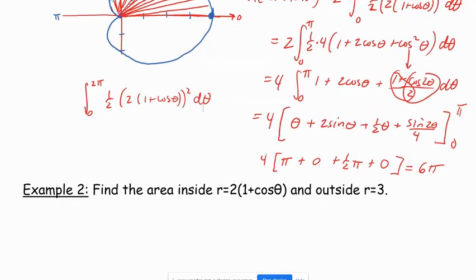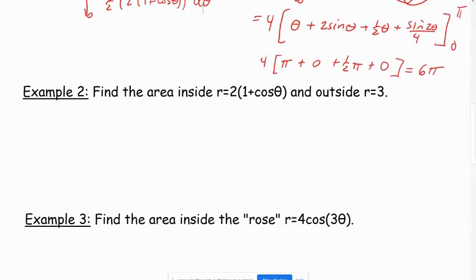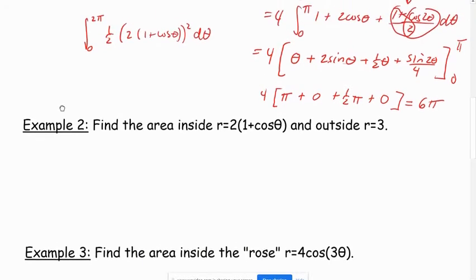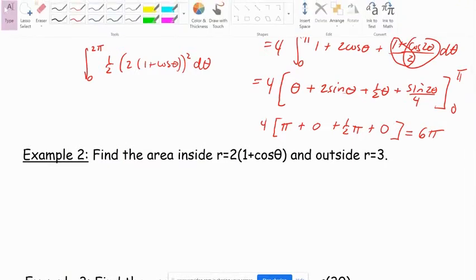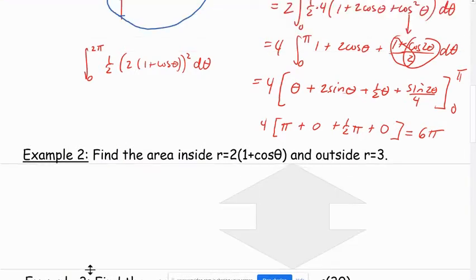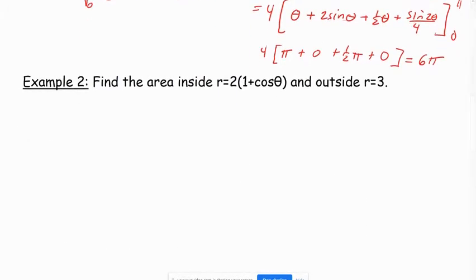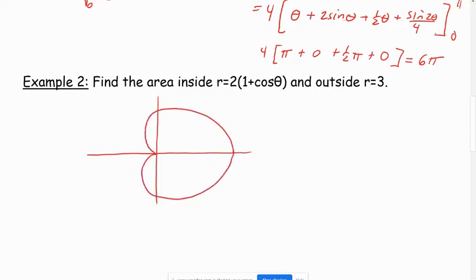Okay, for the next example, this time we're finding the area inside the same cardioid that we just worked with, but outside of the circle r equals 3. And so this gets a little more complicated when we work with multiple curves. And so we already know what our cardioid looks like. So our cardioid looks like that. This is 4 units out here.